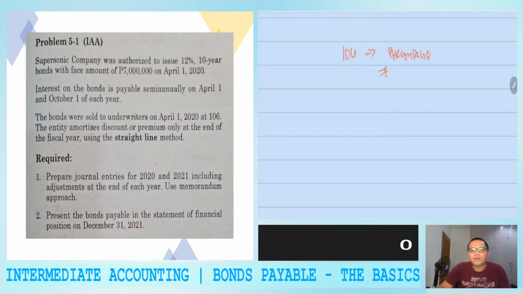So if you have a bond with a face amount of 7 million and it was sold at 106, then the bonds were sold at 7 million multiplied by 106%, such that the issuance price of the bonds is 7,420,000. Did you get that?